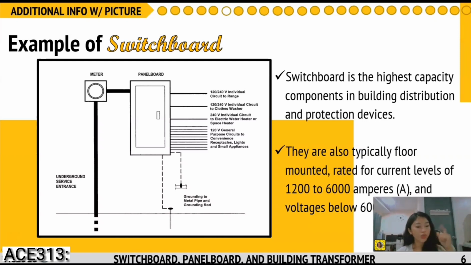They are also typically floor-mounted and rated for current levels of 1,200 to 6,000 amperes and voltages below 600 volts. Okay, take down notes of that because that is important information about the switchboard.